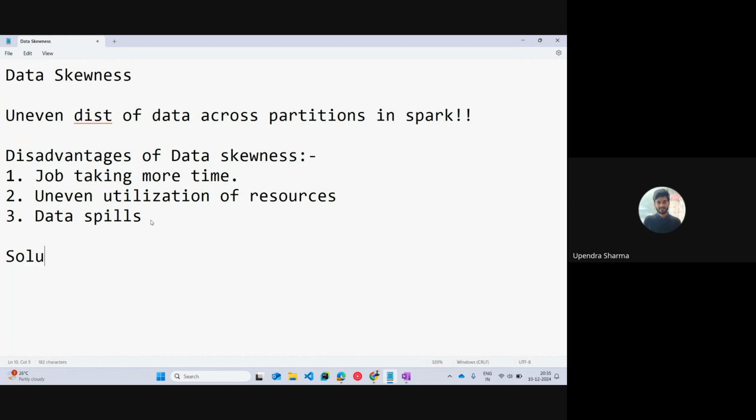So here are the solutions. So first we understood about sorting technique. Second, we saw broadcast joins. Third, now we are discussing about AQE, which is called adaptive query execution, right?